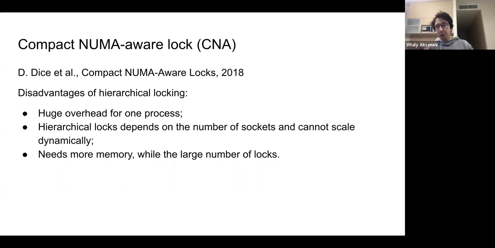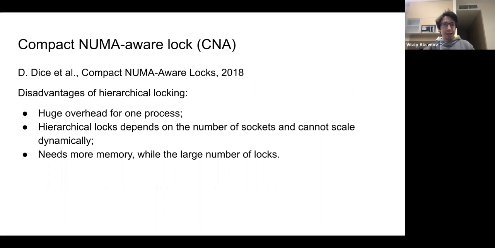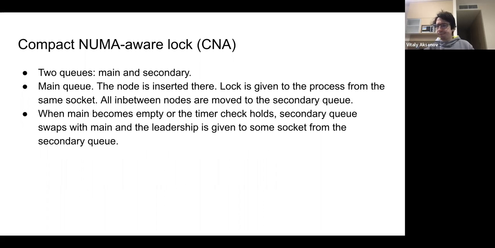The issue of hierarchical locking is that you spend too much memory, because you have to spend additional memory for the local locks and for the global locks. If you have a large number of processors, you will have a huge overhead. Instead, Dave Dice and Alex Kogan, I think they even presented this algorithm at the Hydra conference.